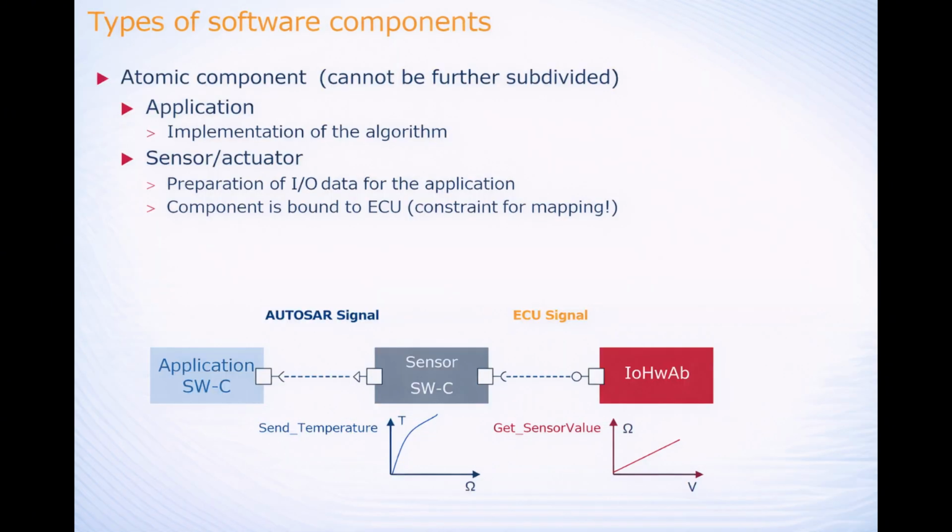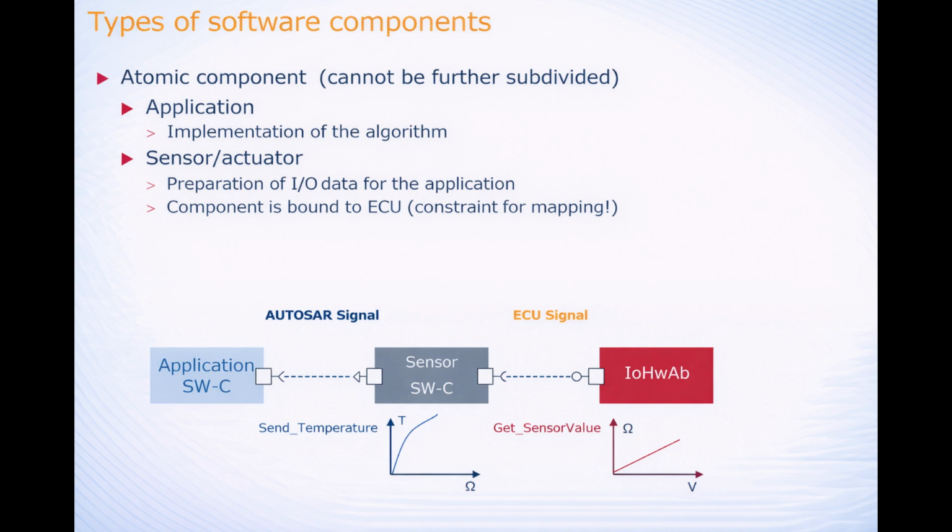These modules are still, in a way, independent from the hardware that's being used, independent from the microcontroller, but they have a dependency on the peripherals that are connected to the microcontroller. In terms of code, they will look exactly the same as application software components.